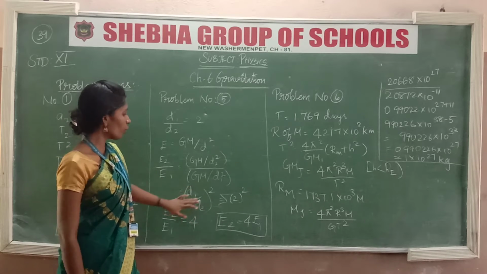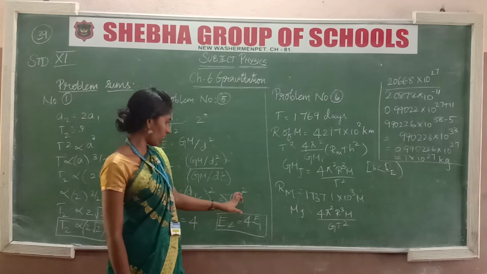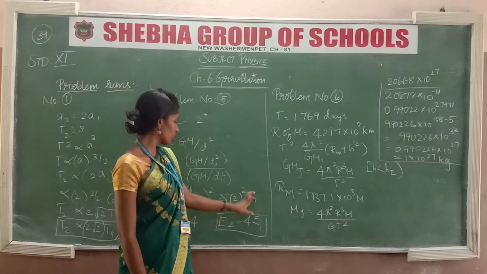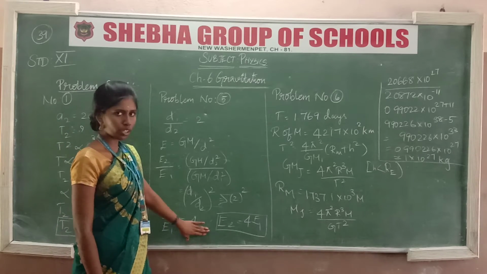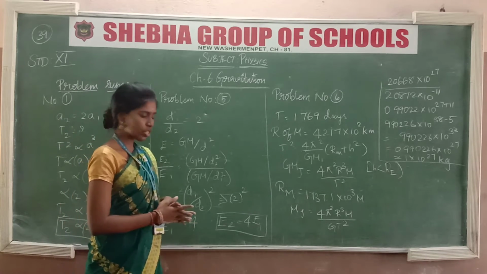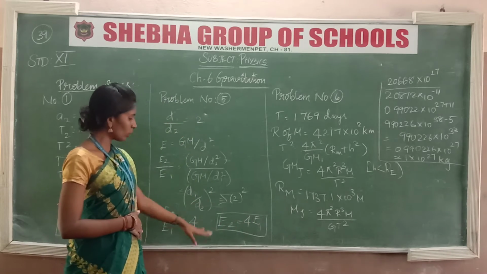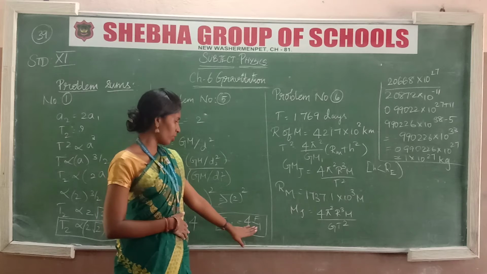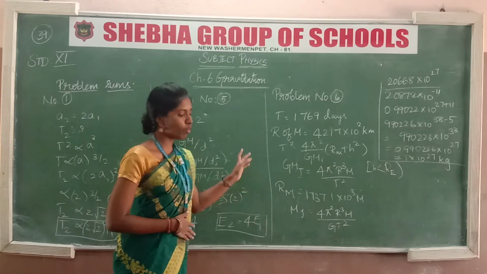The ratio has been given as 2. So when we square 2, the value of D is considered as 2. So we substitute: 2 square is equal to E2 divided by E1, which is the value 4. So finally, the Earth's gravitational field E2 is equal to 4 times E1. E2 is equal to 4 E1, the final value of the fifth problem.